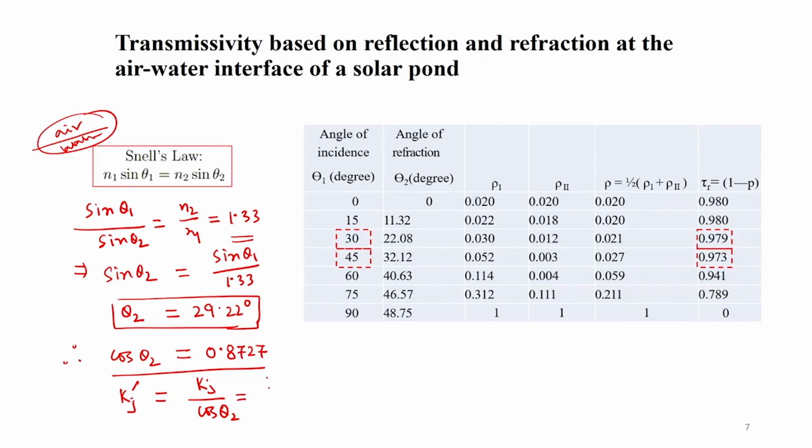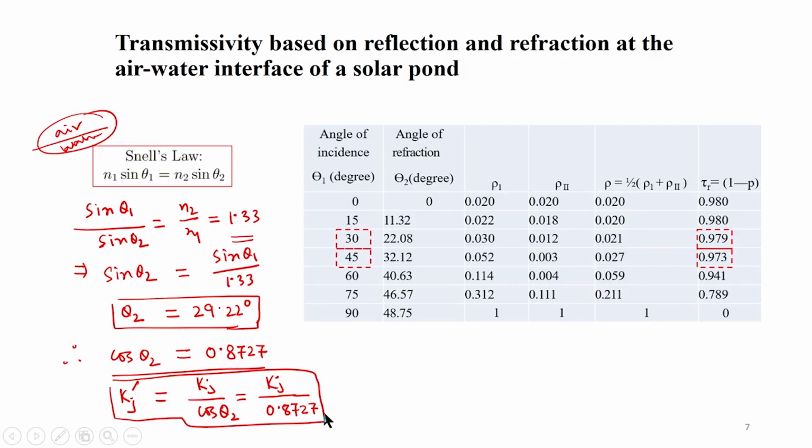Here j will vary from 1 to 4, meaning k1, k2, k3, k4, so everything we need to consider. So, these values are also calculated now.